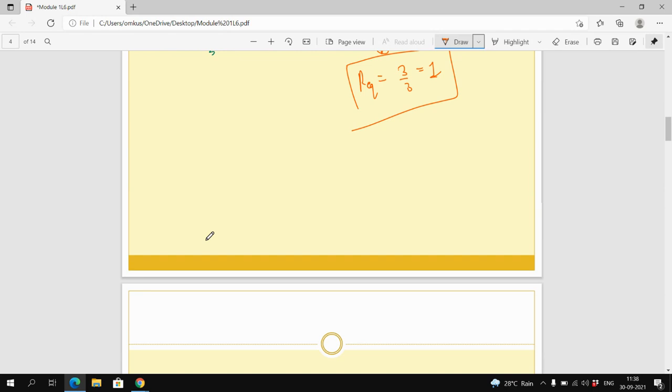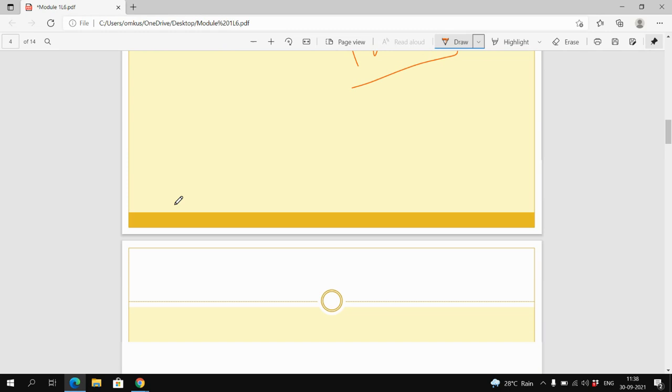Now see the problem. There is a 10 volt source, and this is a 2 ohm resistance, and this is a 1 ohm branch, and this is a 4 ohm resistance. Now find out the value of voltage and current.